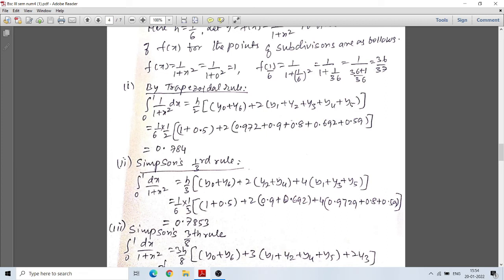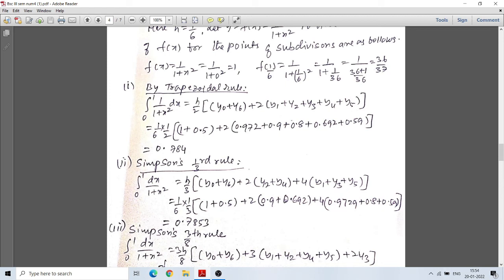But here it is not like this. Even terms are multiplied by 2, odd terms multiplied by 4 in Simpson one-third rule. I am telling you once again, the first term and last term as it is, and among the next terms, all the even terms are multiplied by 2 and all the odd terms multiplied by 4.